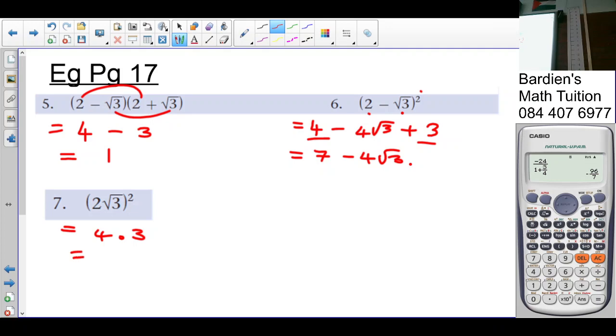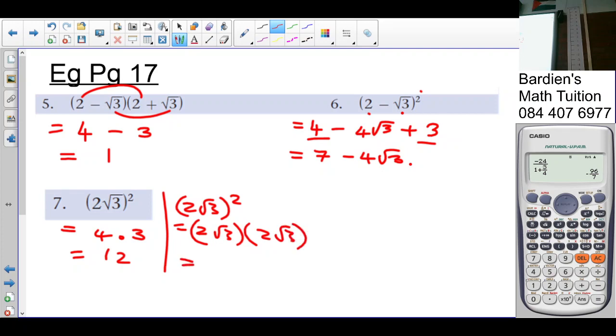Which is equal to? I could have said 2 root 3 squared can be written as 2 root 3 times 2 root 3. 2 times 2 is 4. Root 3 times root 3 is root 9, which is 3, so 4 times 3 is 12 anyway. Alright, you guys understand? Any confusion here? None.